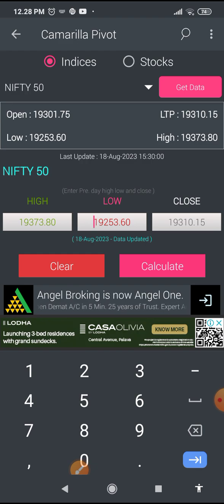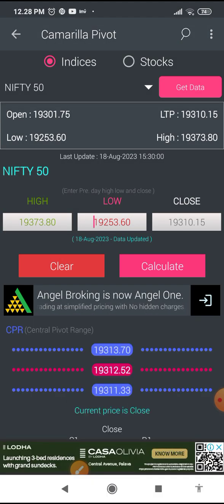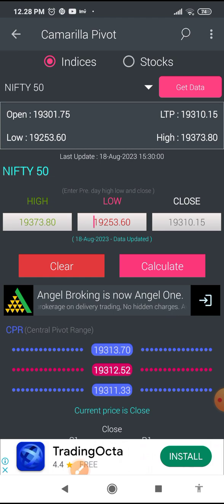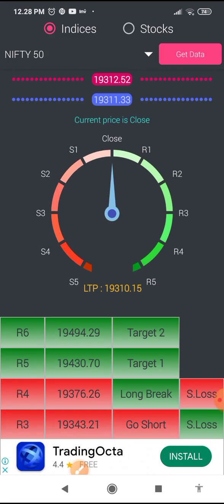It will get the data, and when I tap on that, I got the data for the previous day, that is Friday 18th August. The highest level is given 19373.8. Lowest level, the low of that day, was 19253.6, and close was 19310. So this app will calculate the CPR levels, and it will also calculate the Camarilla levels.